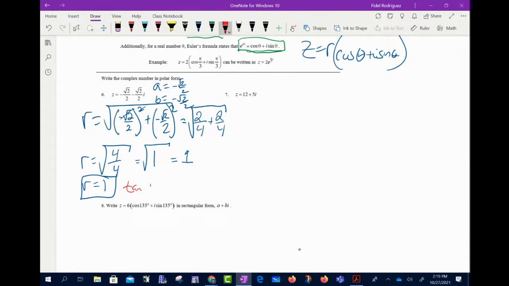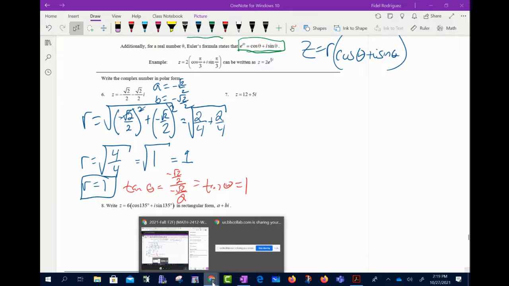So the tangent of theta is equal to the negative square root of 2 over 2 divided by another negative square root of 2 over 2. This is telling me that the tangent of theta is equal to 1, right? So what I need to figure out is, when is the tangent equal to 1?